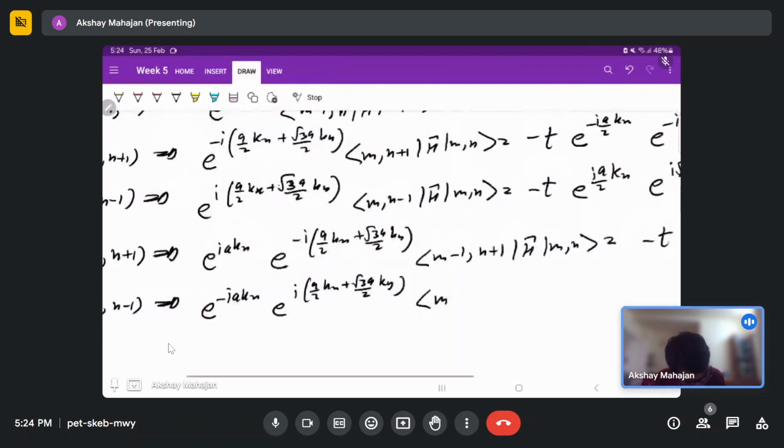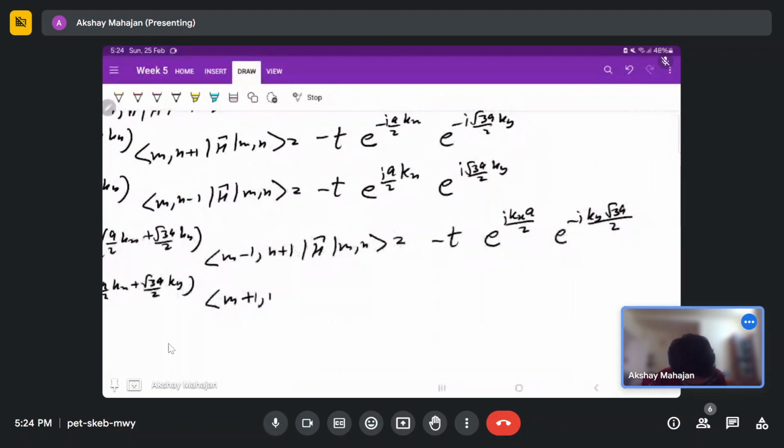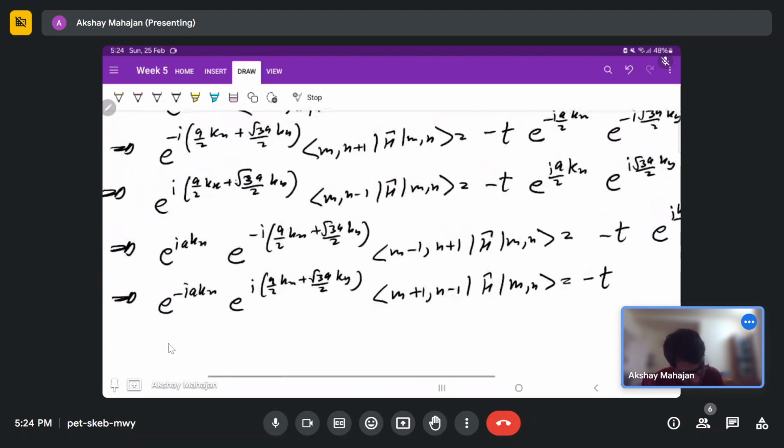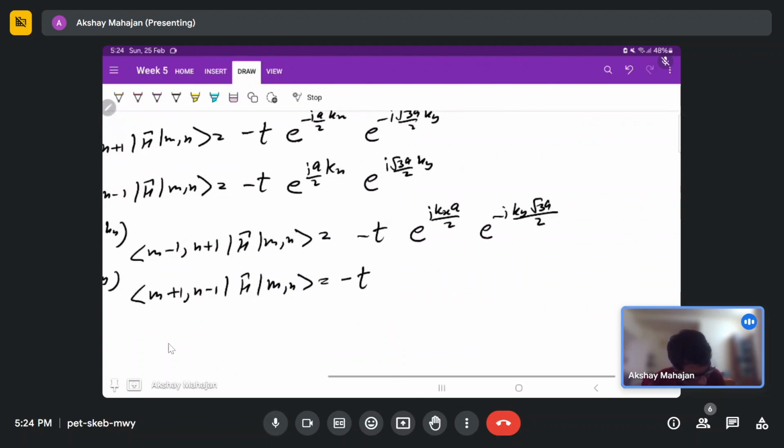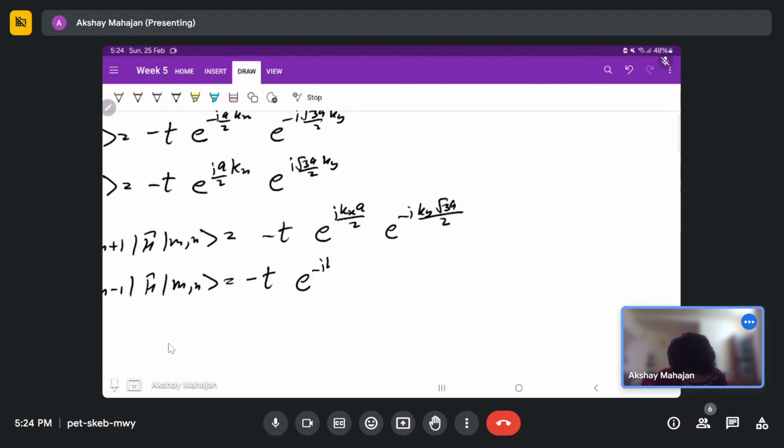And so this will be n plus 1 comma n minus 1 h cap m comma n will be minus t times e to the power, now we get e to the power minus iota kx a by 2 and e to the power iota ky root 3 a by 2.